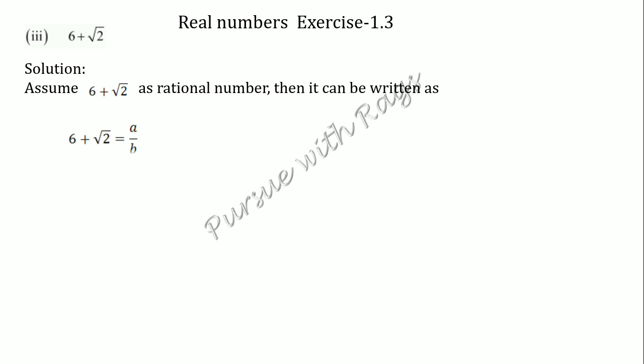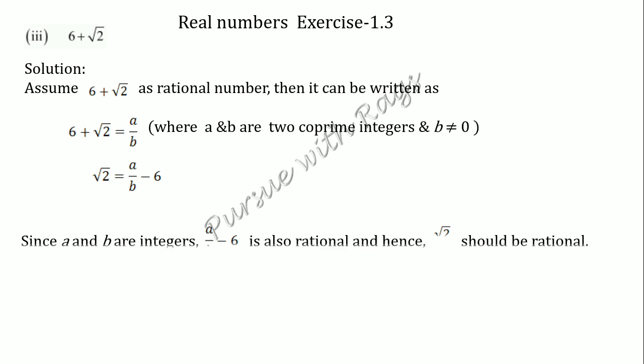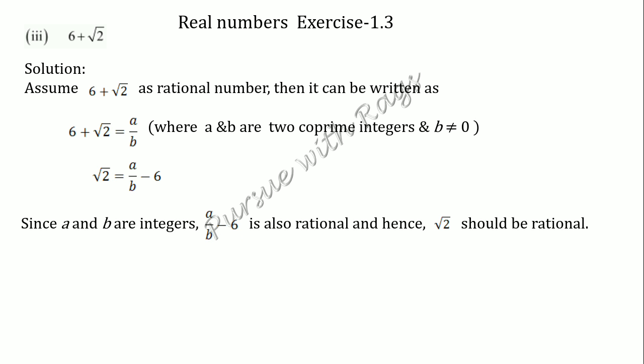So, here also the same process. We have to assume 6 plus root 2 is a rational number. Then 6 plus root 2 will be equal to a by b. So, root 2 will be equal to a by b minus 6. Since a and b are integers, 6 is also an integer, right?